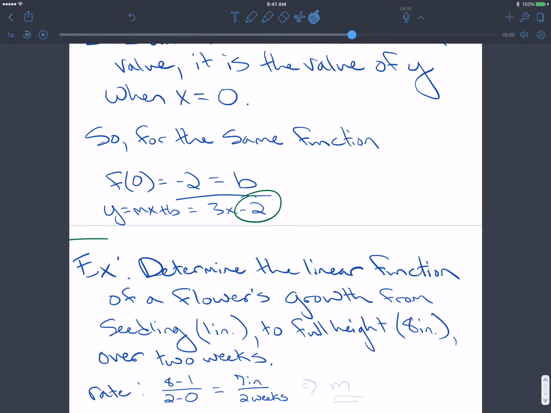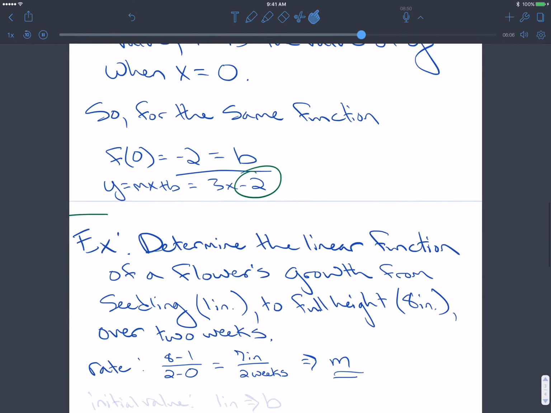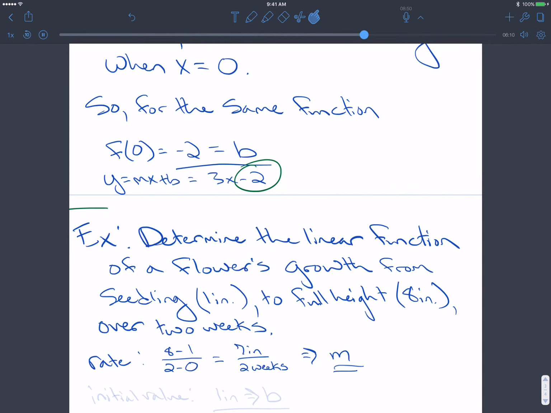If this is the rate, then that corresponds to our m, the m in our y equals mx plus b form. The b comes from the initial value. What was the value of its height when it started? That was 1 inch.